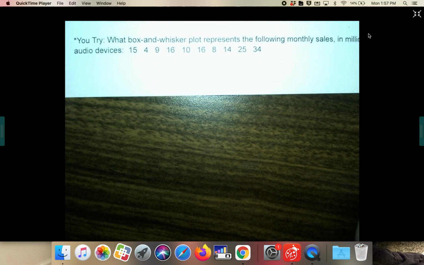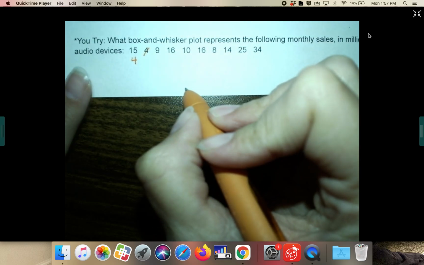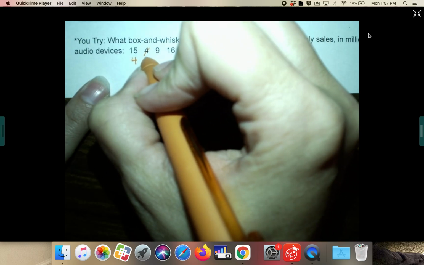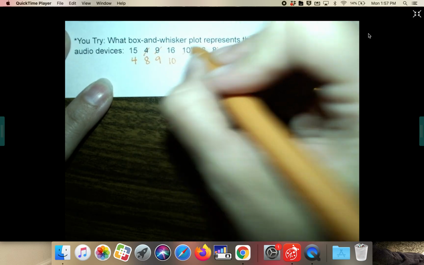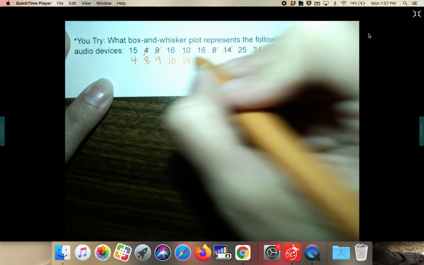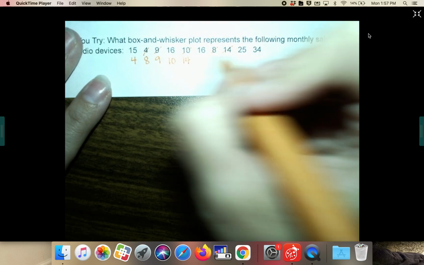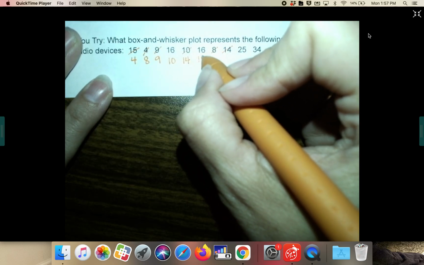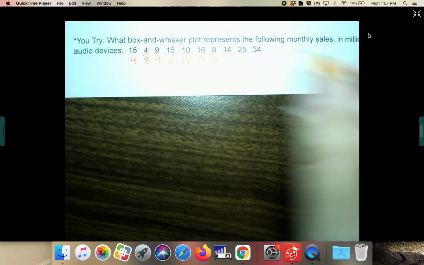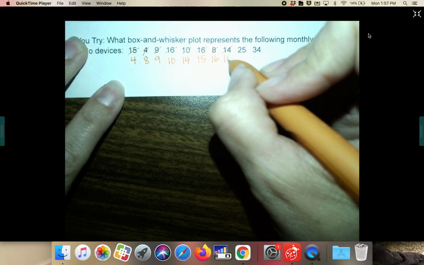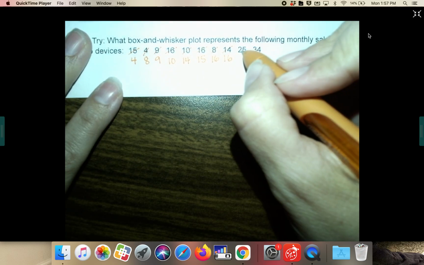So first we want to arrange them from smallest to largest. So that would be 4, 8, 9, 10, 14, 15, 16, another 16, 25, and 34.